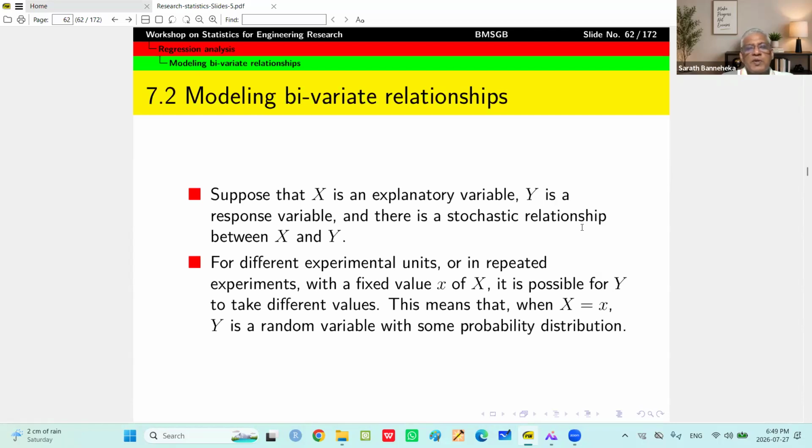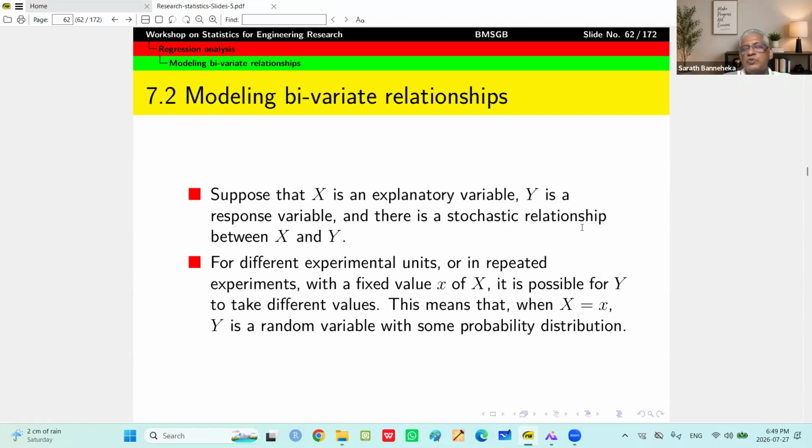For different experimental units, like different experiments, or maybe you are taking observations from some people or some instruments and so on, you get an x value and a y value. Or in repeated experiments with a fixed value x of capital X, it is possible for y to take different values.